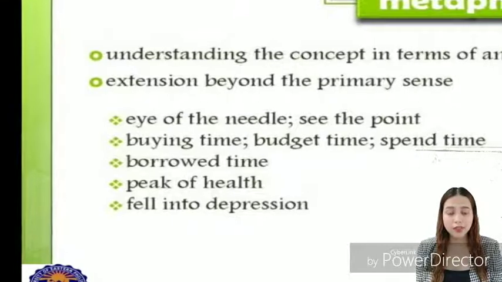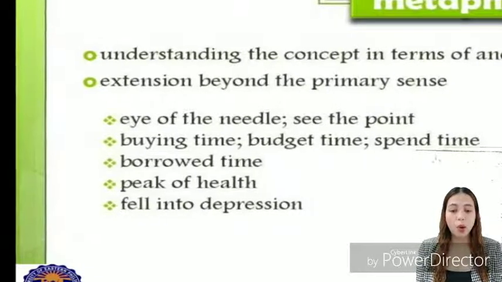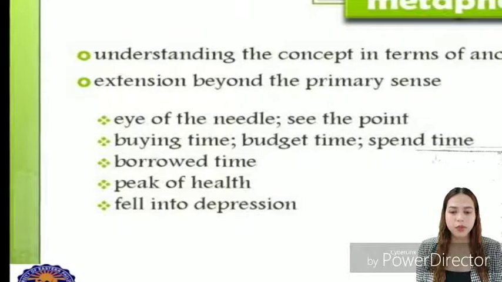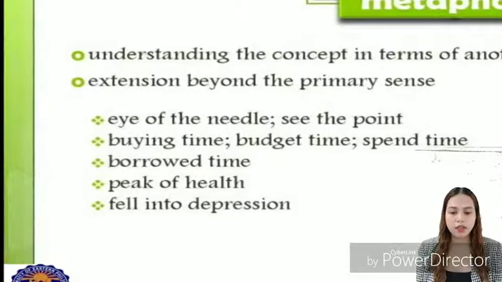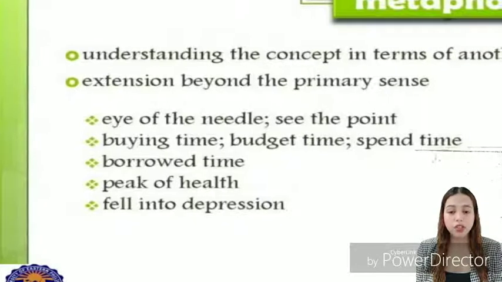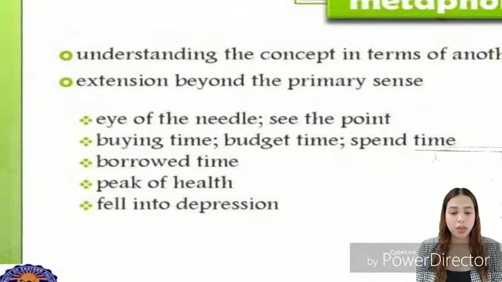The word eye, for example, can be used to describe the hole on the dull end of a needle, or a bud on a potato, or the center of a storm. The similarities of these referents and the primary referent of the word eye are the roundish shape and their more or less central location on a larger shape.